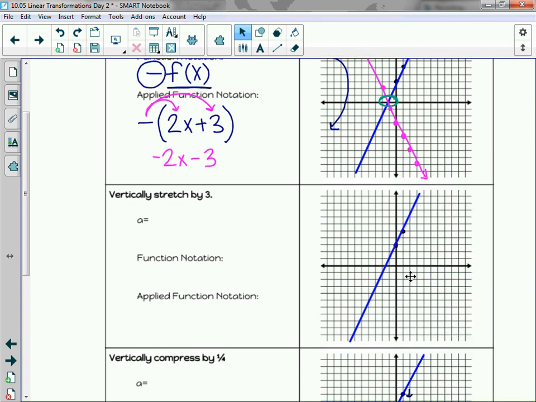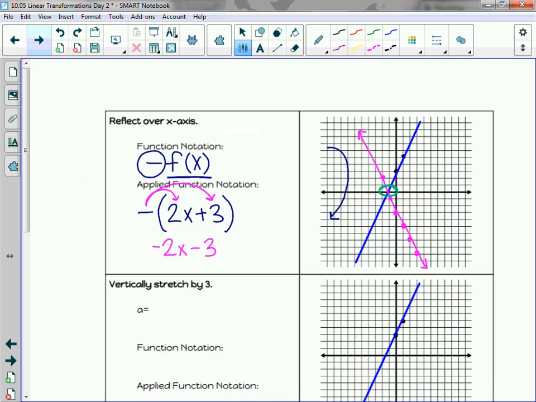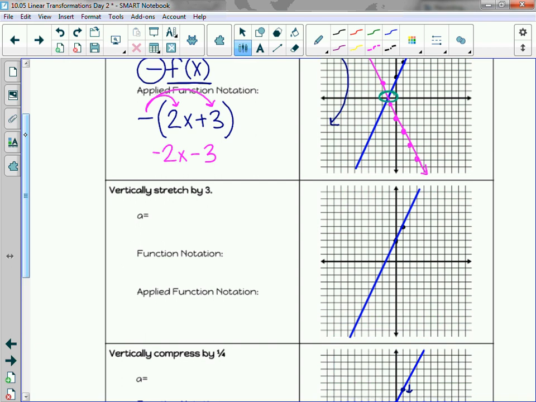So let's look on your table. If I'm vertically stretching by a factor of a, when a is greater than 1, we're taking a and multiplying it by our function. So if we're vertically stretching by 3, we've got an a of 3.